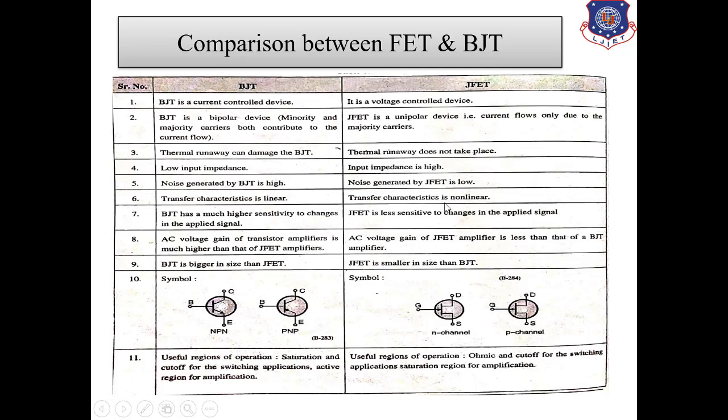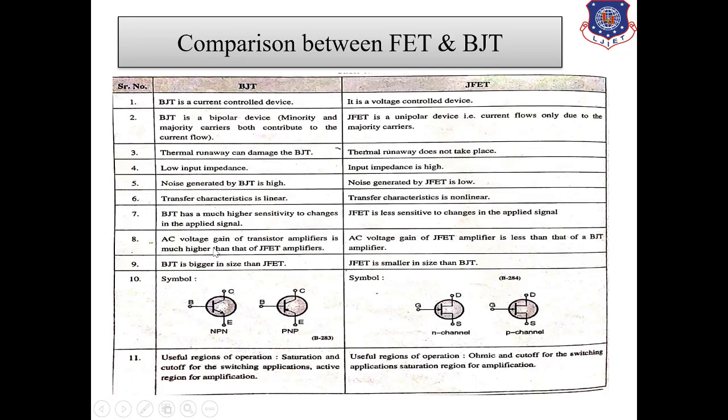We will study the transfer characteristic of JFET in detail in the next lecture. Seventh point, BJT has much higher sensitivity to changes in the applied signal. JFET is less sensitive and does not depend on variation of the input signal.